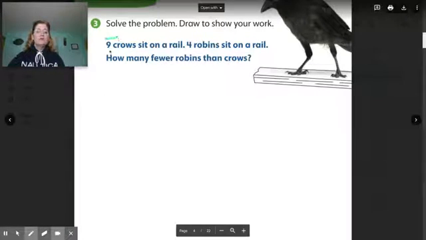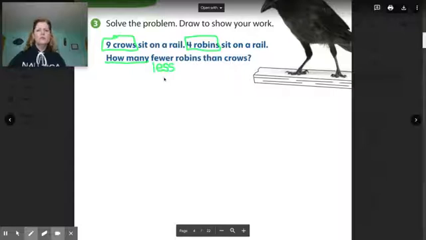So let's look at our important information. There's 9 crows sitting on a rail. There are 4 robins sitting on a rail. Not the same number. One is bigger. So our question is, how many fewer? Remember, fewer means less.